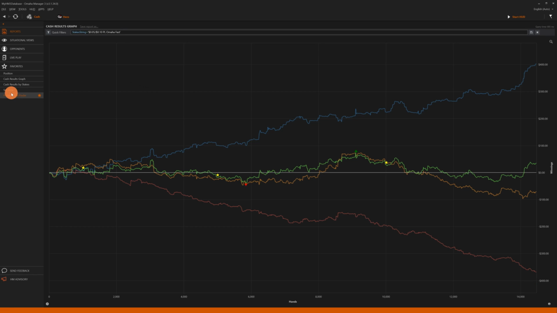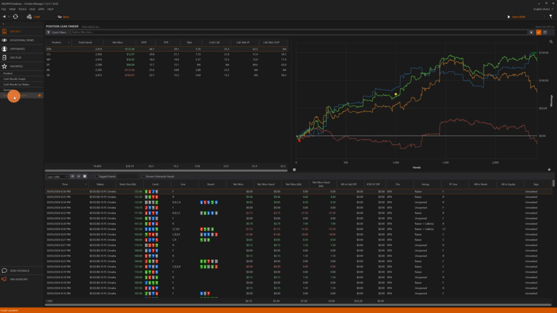Okay, so I decided to break this down. I've made this pre-flop filter called Position Leak Finder, and it has position, obviously, and you can see I played about 2,500 hands in each position.